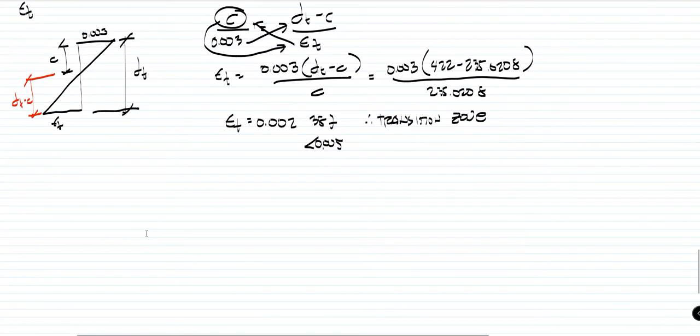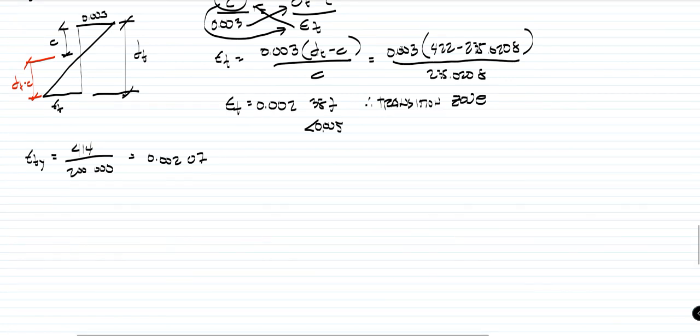To get our strength reduction factor, we will now use this epsilon sub t. But first, we have to get epsilon t sub y, which will be equivalent to 414 divided by 200,000. This value will become 0.00207. This is now epsilon ty.